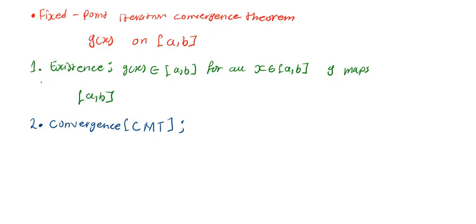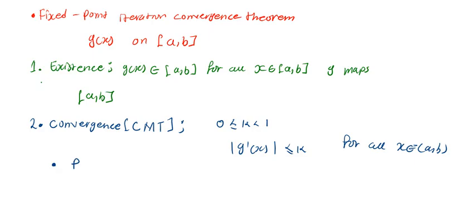For this one, if in addition there exists a constant, let me use k, such that the absolute value of g prime of x is less than or equal to k, for all x within a comma b.